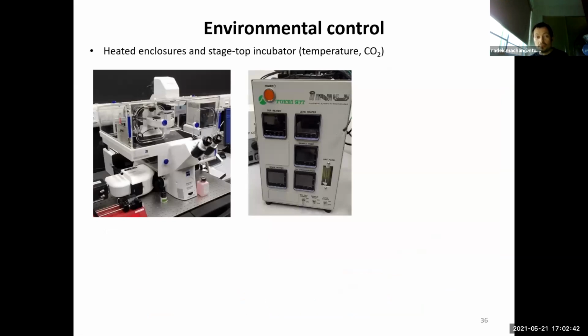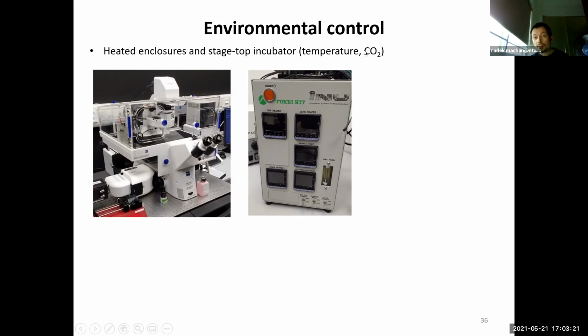So now, some bits and ends at the end. Of course, we also have equipment for environmental control. There are some microscopes which are in heated enclosures. So if your sample needs 37 degrees physiological temperature, you can use such an enclosure. There are also stage top incubators. You can put that on the stage of any other microscope which doesn't have the enclosure and maintain the temperature.